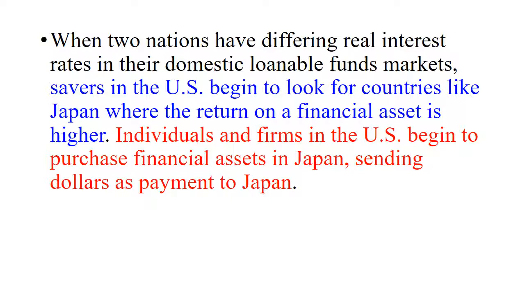So, individuals and firms in the US are going to buy financial assets in Japan. Maybe they'll buy a bond or a certificate of deposit in Japan that has that higher real interest rate. So, the asset is coming to America from Japan, and Americans will send their dollars over to Japan to pay for those assets.